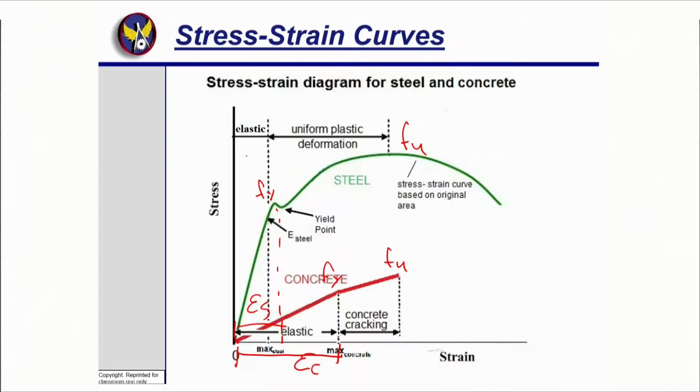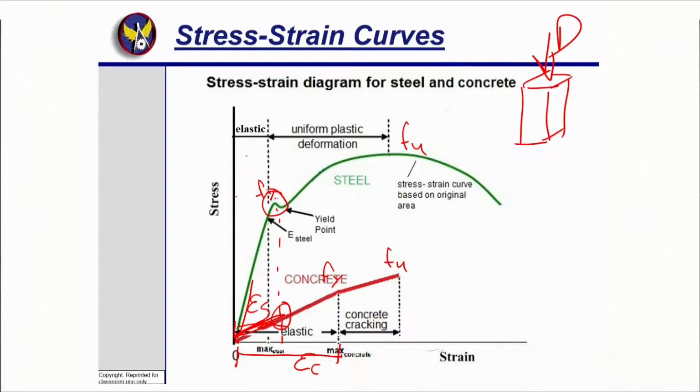Because my strain is smaller, let's just say this is a column or whatever that I have, as I load it, my strain for both concrete and steel are going to increase the same. So if my strain in concrete reaches this point right here, that means my strain in steel reaches all the way up here.